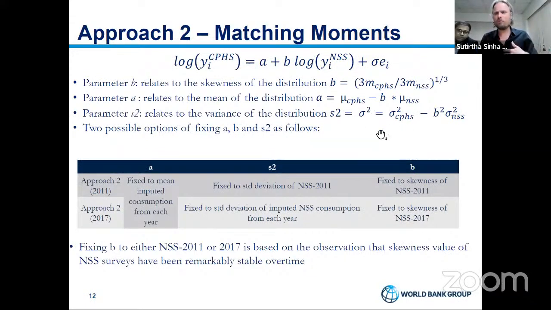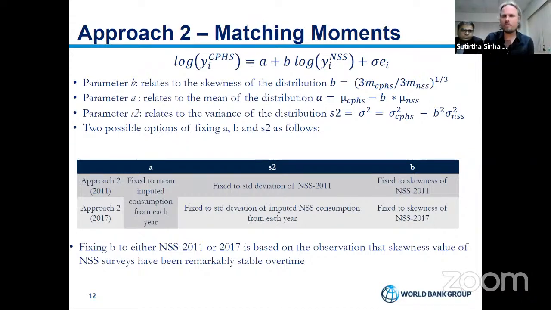But fortunately, recall from approach 1 that the imputed NSS type consumption into the CPHS does a pretty good job in matching the first and second moments. So we're going to estimate the first and second moments from the imputed NSS type consumption that comes from approach 1, and B is estimated by using the third moment that is observed directly in the NSS distribution. So no imputed data is used there.